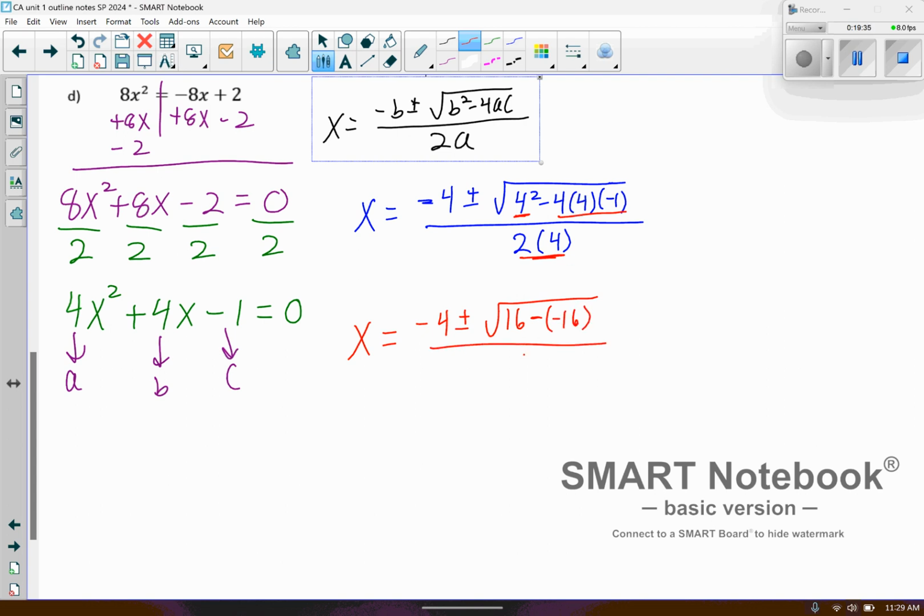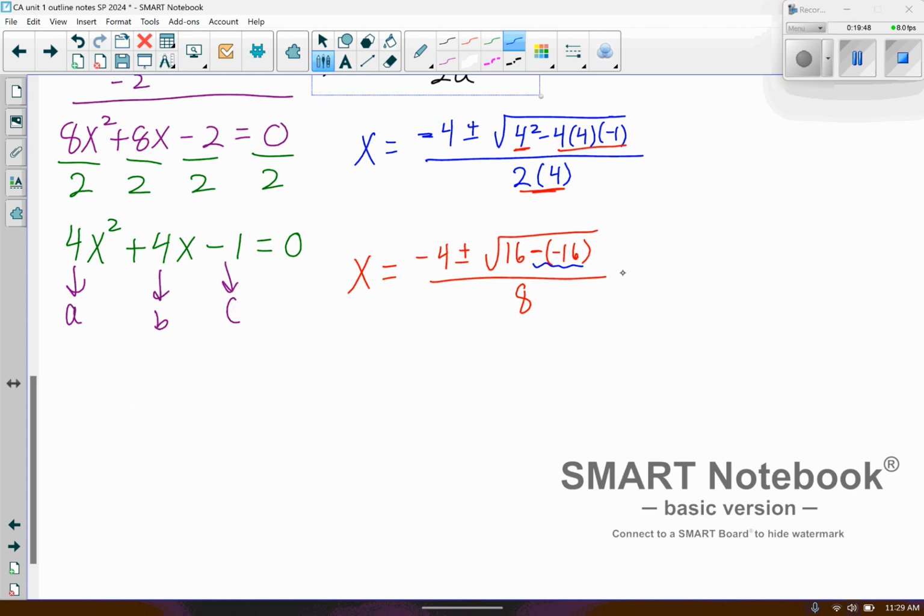And then 2 times 4 is 8. So the double negative right there, we can actually go ahead and add 16 to the first 16 that we see there. So we're going to end up with negative 4 plus or minus the square root of 32 divided by 8.